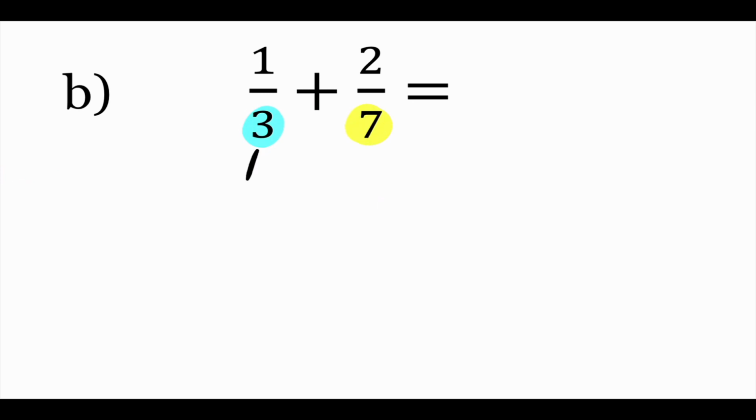Okay. First thing, break down the denominators. If I was to do a factor tree for 3, what numbers would I circle? Just 3, and 1, right? If I was to do the same thing for 7, what would I circle? Just 7, right? Okay, factor, that's the first step. Make them the same.